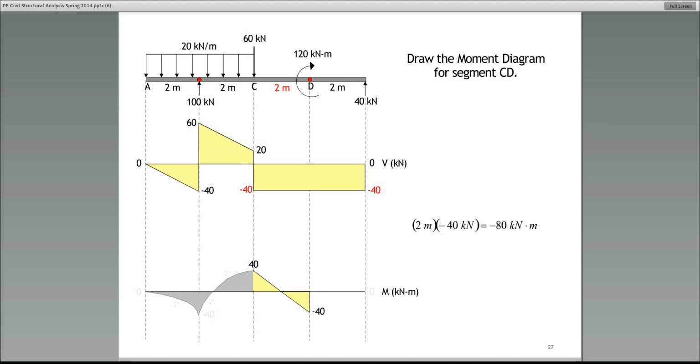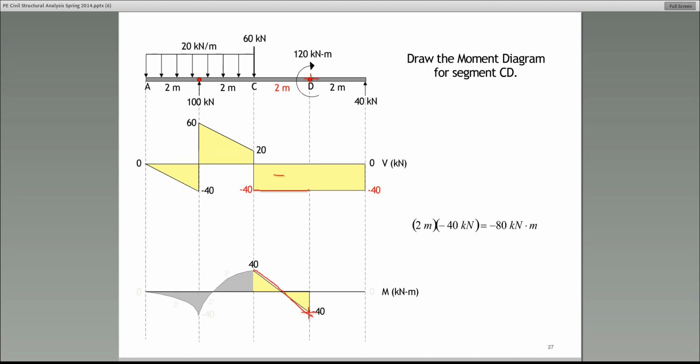As you go from C to D, look, the shear is a 0 degree curve. Therefore, moment needs to be a first degree curve with a negative slope. Why negative slope? Because the shear is below the x-axis. Now, in this particular problem, this is very important because at the point D, what do we have? Look at the load diagram.